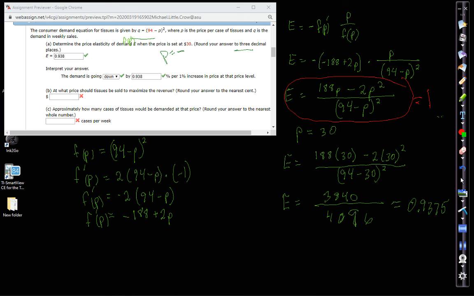Your P squares are going to somehow cancel. You might get a quadratic. You can solve it with quadratic means. But let's see how that goes.